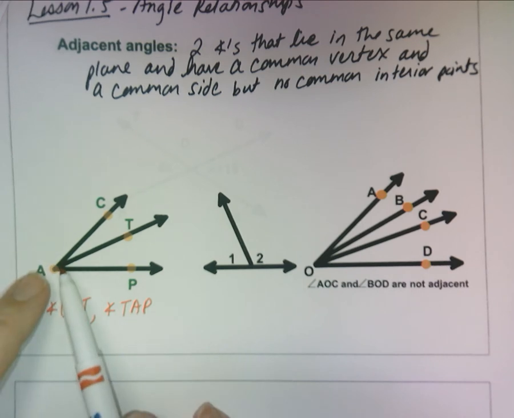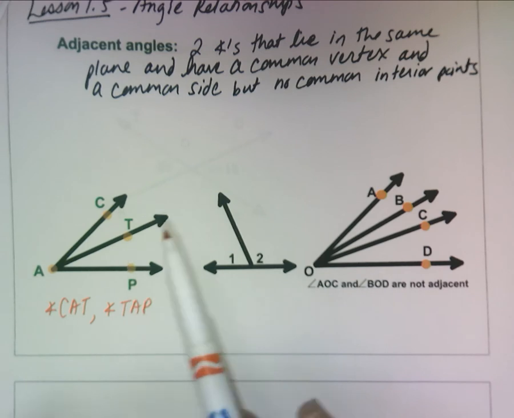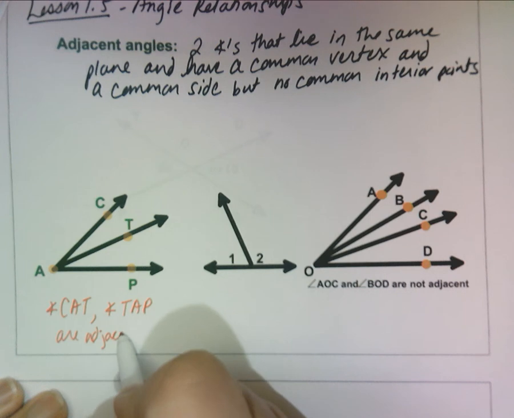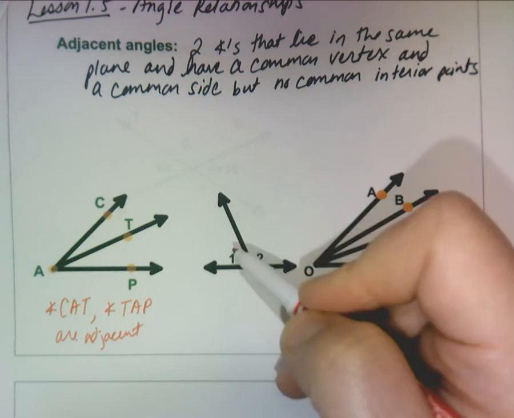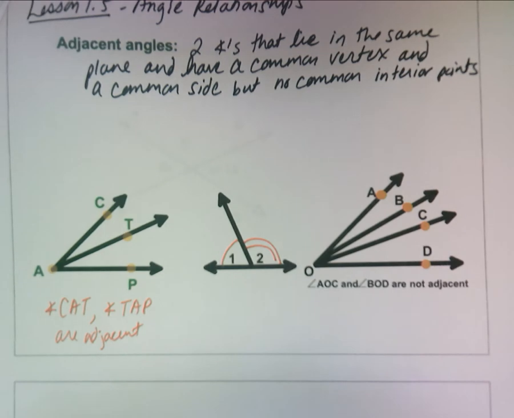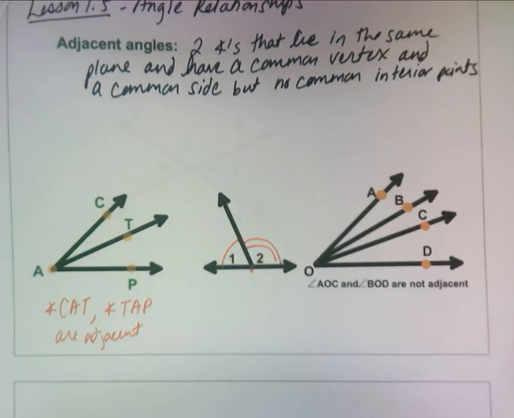They both have a common side, meaning again, a ray, but they don't have common interior points, which I'll give you an example of in a minute. These two are adjacent. And then angle 1 and angle 2, those two are adjacent. They're next to each other. They share a common side and a common vertex.